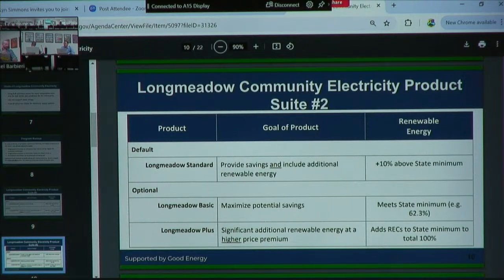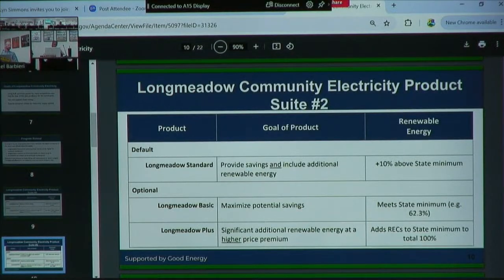Some people may choose to go up, some people can choose to go down, but if we're going to do this, we have goals, we have a long-term plan, we have climate goals, and the state has goals, and I think we should do our part to move towards them while also allowing people to step back a little bit and only get savings if they're not as interested in working towards those goals, although this does meet the minimum for renewables at least.